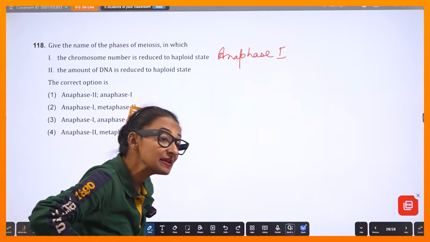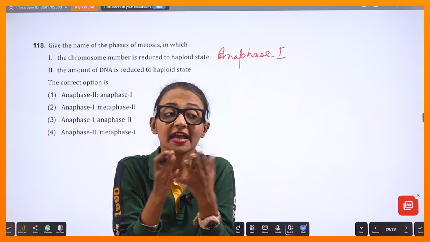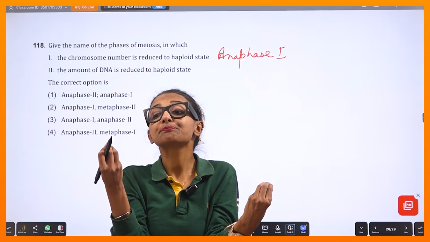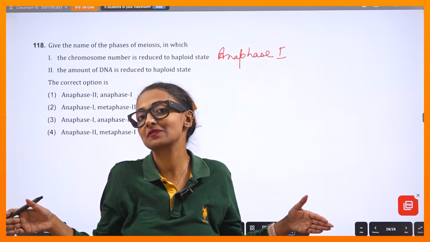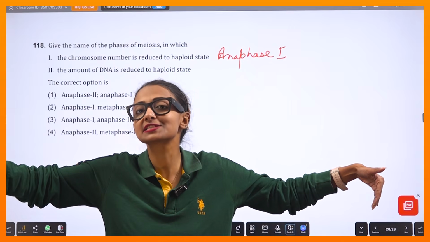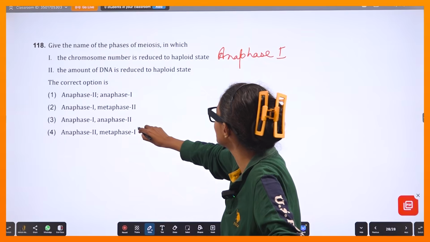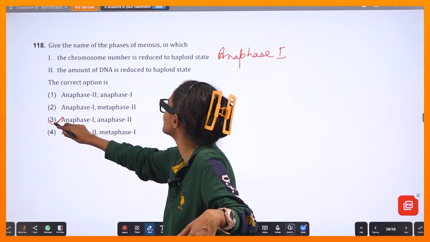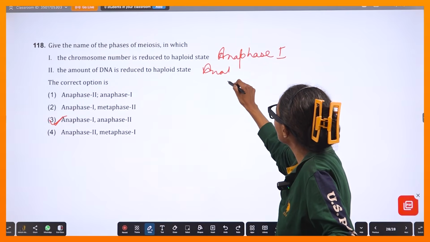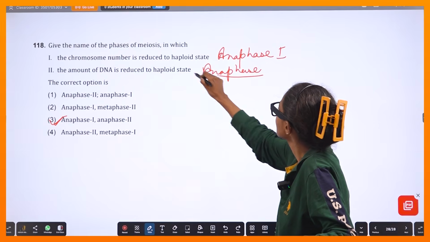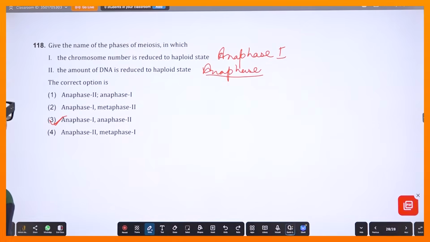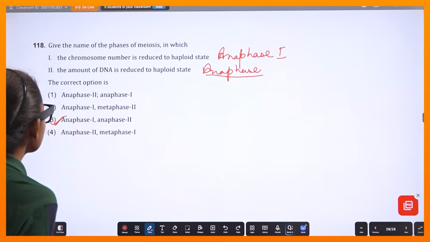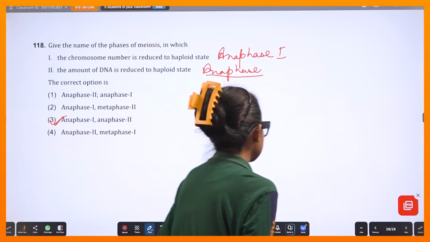To ensure that each cell at the end of meiosis 2 gets the same amount of DNA, the DNA is distributed properly in anaphase 2. Chromosome number will definitely go half because meiosis 1 is reductional division. And this is anaphase 2.